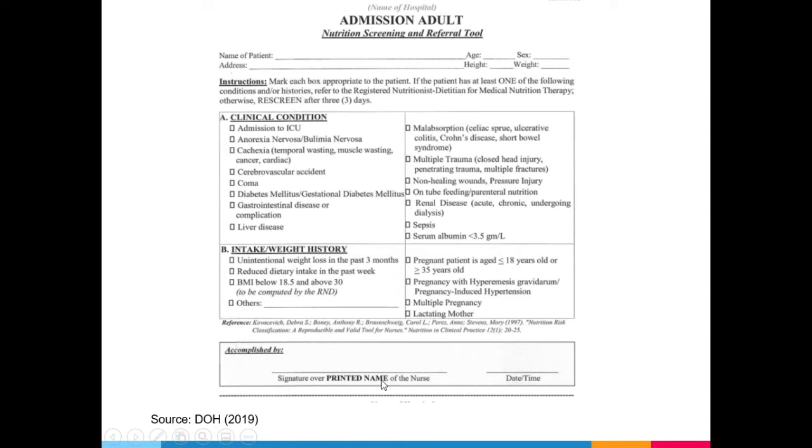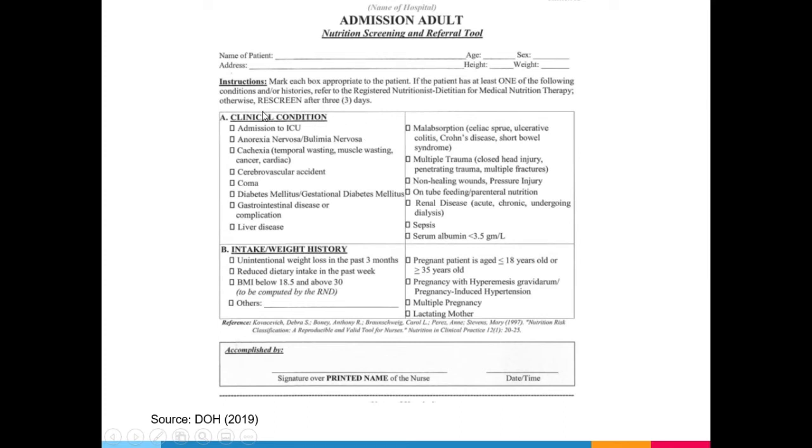So that's why ang naa diri, signature over printed name of the nurse, kay si nurse manggud ang mo-fill out ani. Okay? For example, if walay check, okay, walay check diri. So therefore, dili siya i-prioritize within that day.